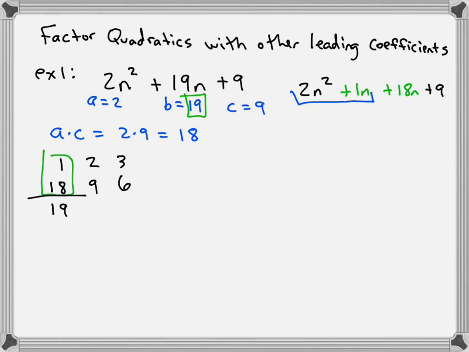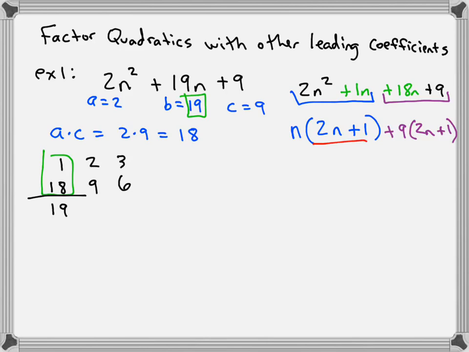So if we group the first two together, our GCF would be an n, which would leave us with a 2n plus 1. And if we factor out in the second group, our GCF is a positive 9, which leaves us with a 2n plus 1.